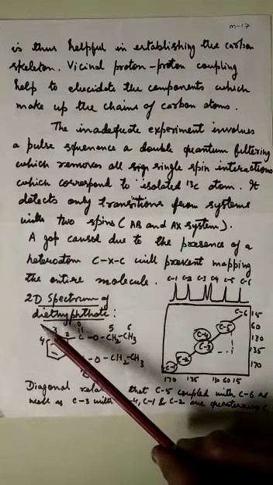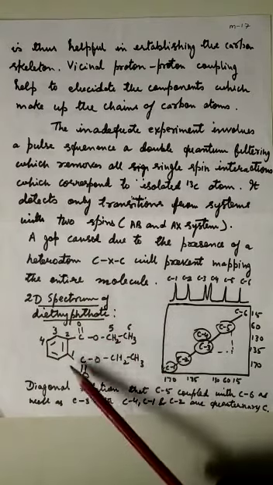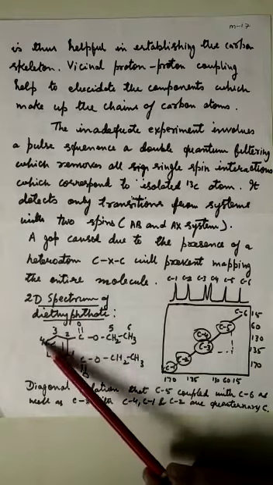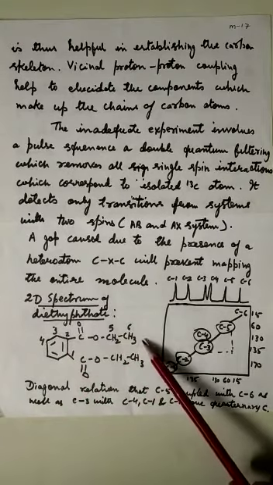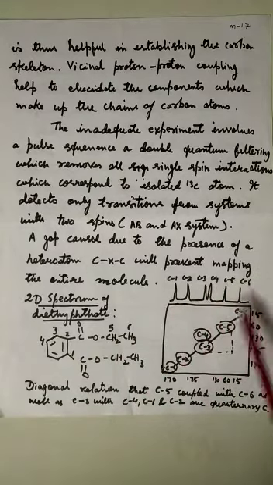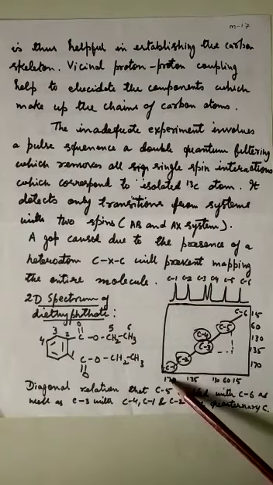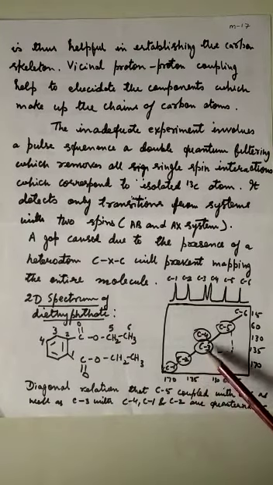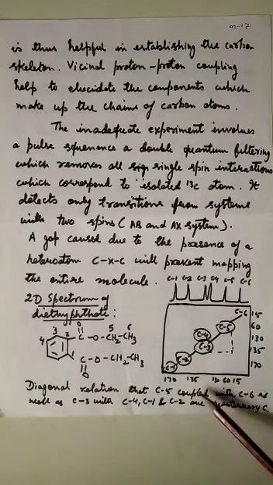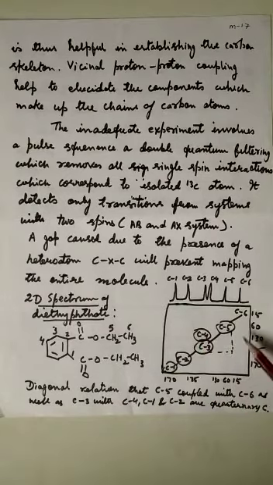2D spectrum of diethyl phthalate. This is diethyl phthalate. Numbering is done like this: 1, 2, 3, 4, 5 and 6. So you have the 1, 2, 3, 4, 5, 6 in one dimension, and in the two dimensional we have C1 at 170, C2 at 135, C3 at around 132 and C4 here, and C5 at 60 and C6 at nearly 15 to 16 ppm.